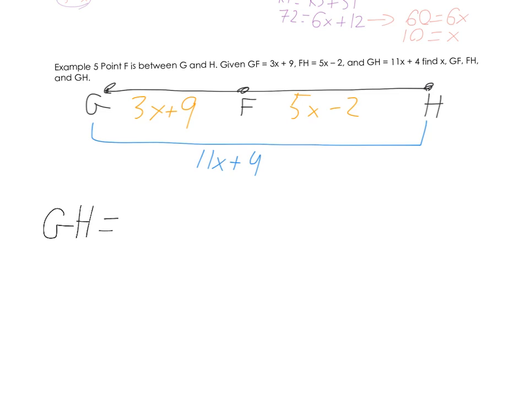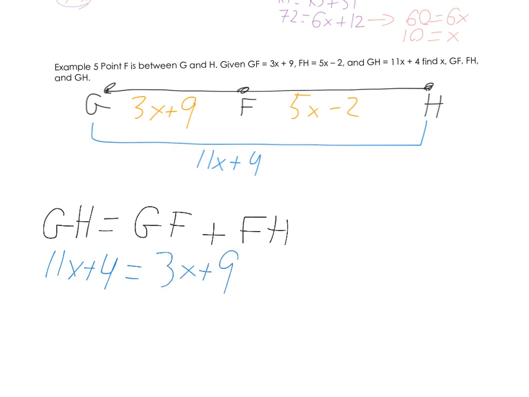GH is equal to GF plus FH, which means that our 11x plus 4 is equal to 3x plus 9 plus 5x minus 2.